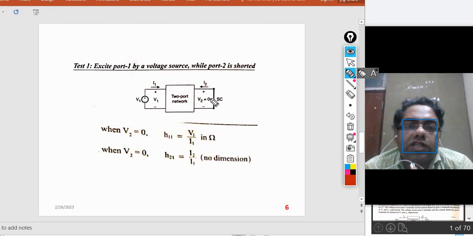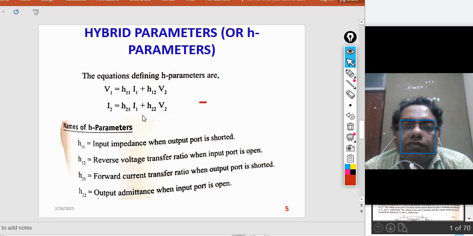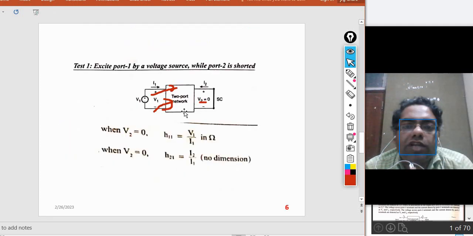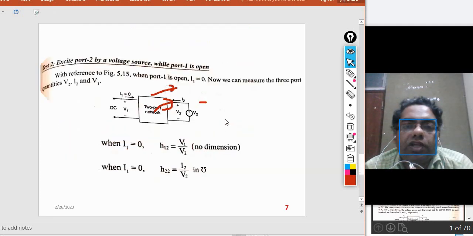Short circuit means V2 will be 0. When V2 becomes 0, we can find H11 and H21: H11 as V1 by I1 and H21 as I2 by I1.